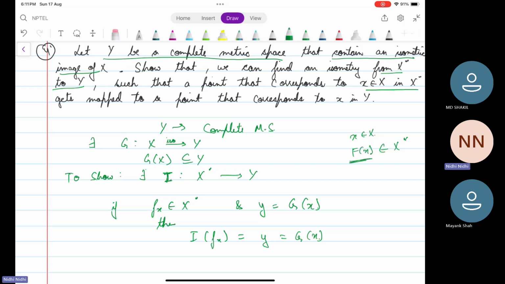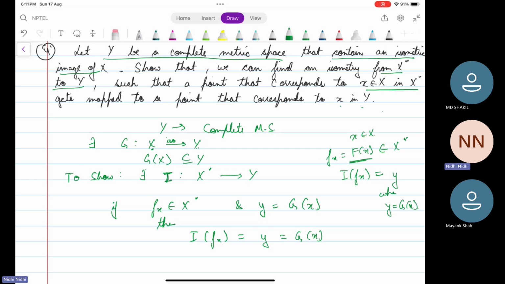Now this f_x, which was a function of this form, should be mapped to a point that corresponds to x in Y. That means it corresponds to some x mapped in Y. So this should be equal to y, where y is equal to g(x).